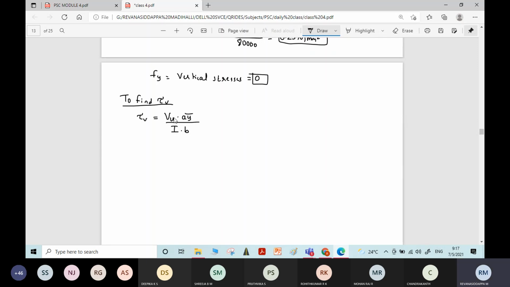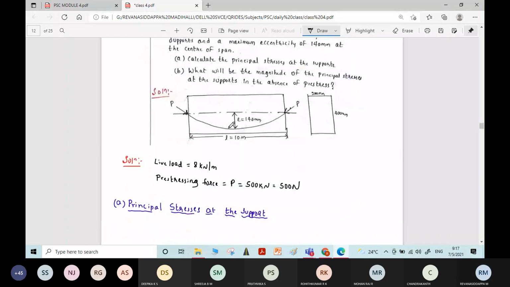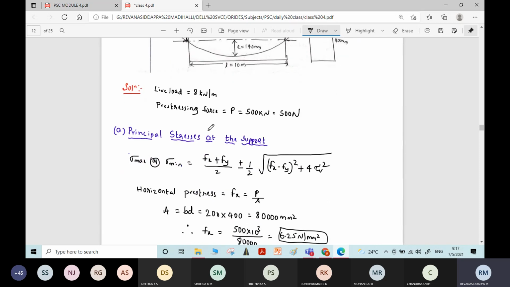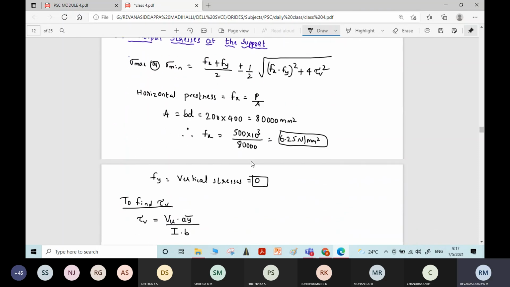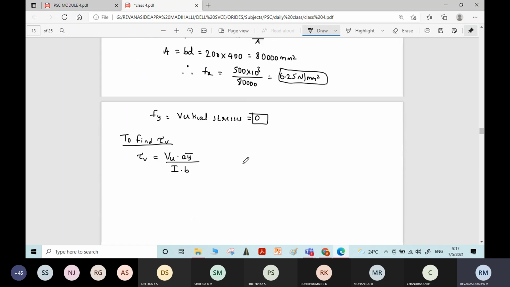Now we need shear force which is acting at the support, and in the problem the live load is given. Self weight of the beam should also be considered, right? First you find the self weight or dead load of the beam. Live load is given. The dead load plus live load will give the total load. Using that total load we will find the shear force at the support.